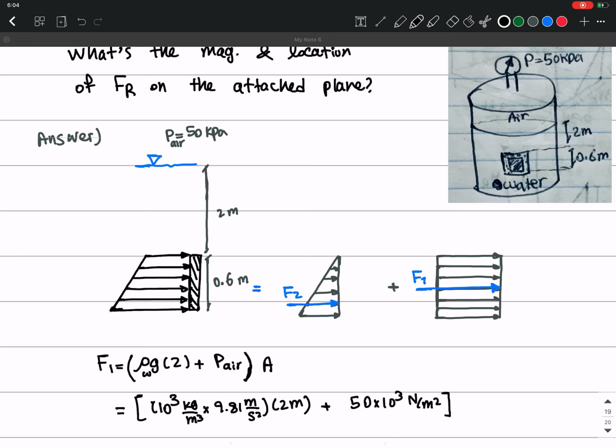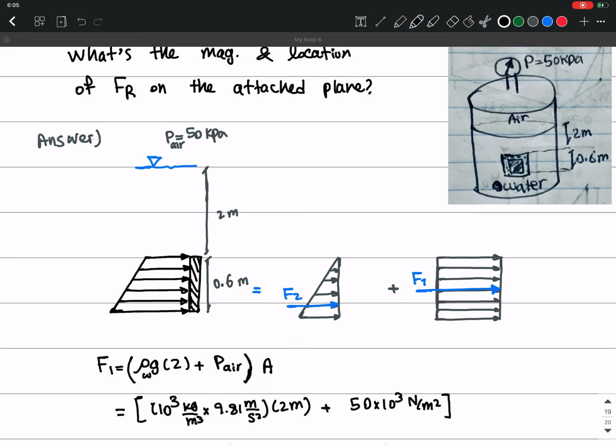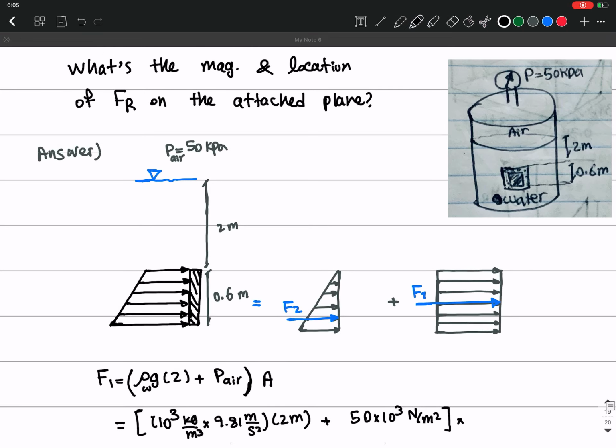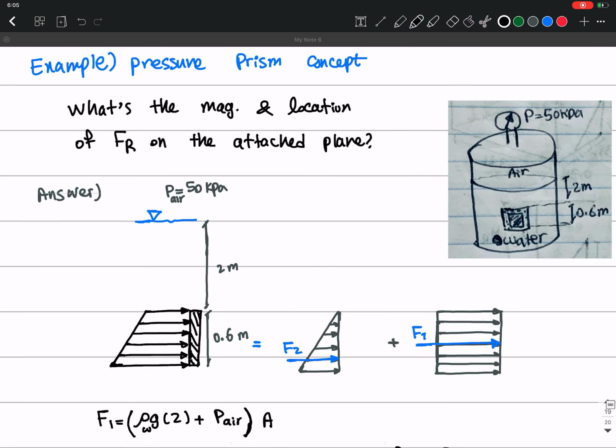Okay, and then multiplied by the area. I think I didn't give the area, so I have to give the area of the plane.